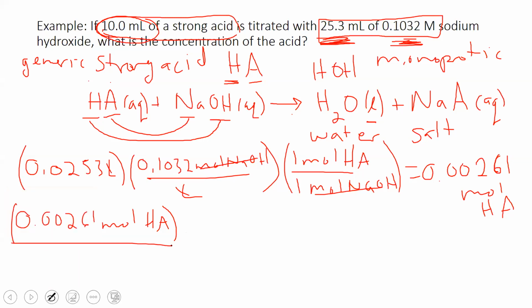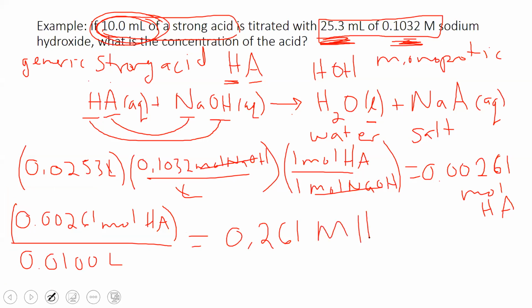Divide by that 10 milliliters up here, converted into liters, so 0.0100 liters, and that will give you a concentration of 0.261 molar HA. Okay. All right.